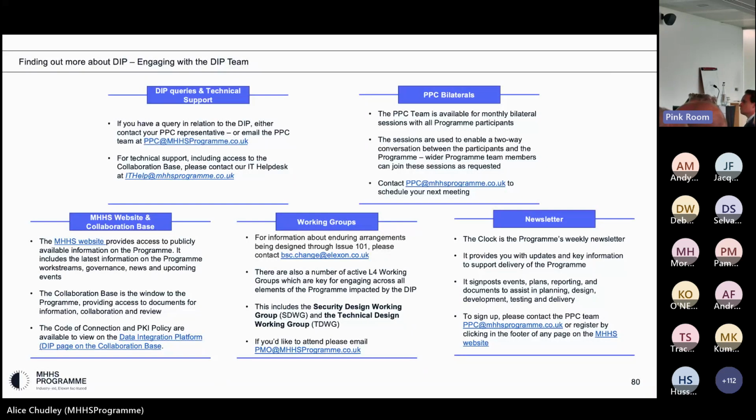Okay, thank you. So next question, can we leverage the nominating officer verification process undertaken for faster switching for MHHS DIP onboarding? No, it is separate for global signing. It's a different process for signing up and vetting and registration.